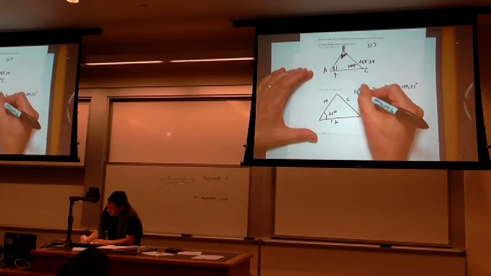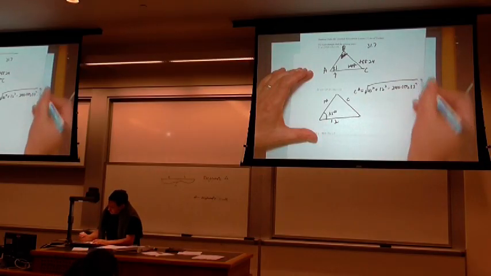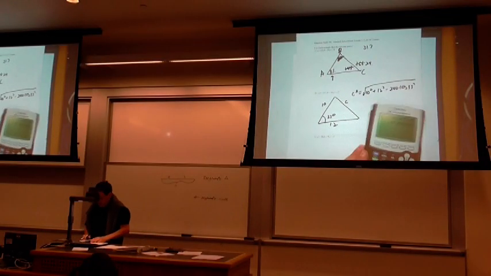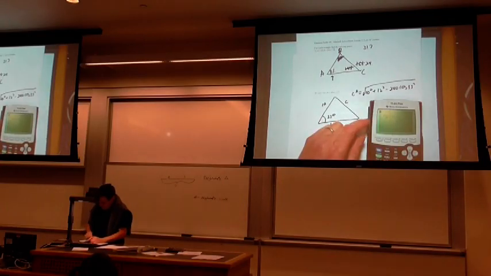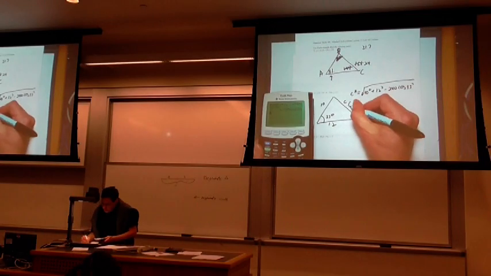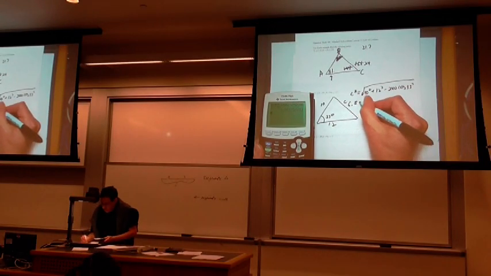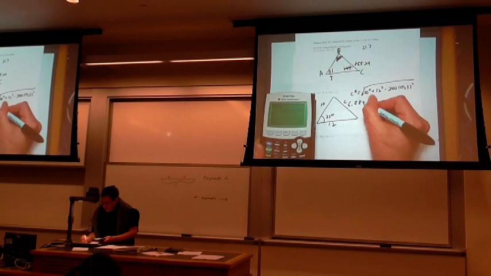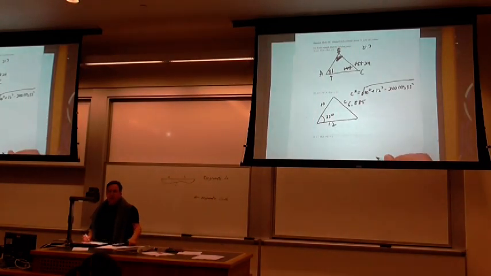Or C is going to be equal to the square root of 10 squared plus 12 squared minus 240 cosine 35. That gives 6.885. Okay, anyone else get something different?